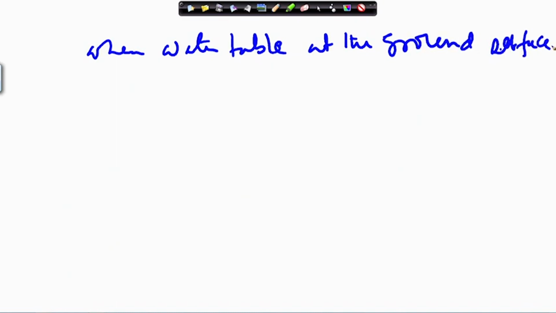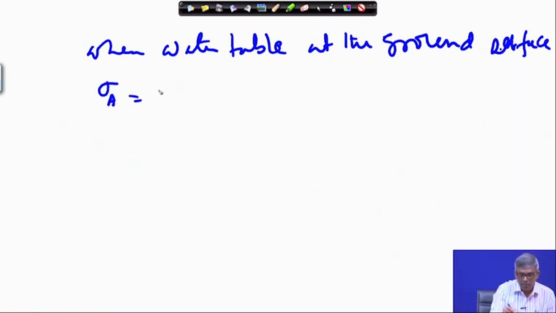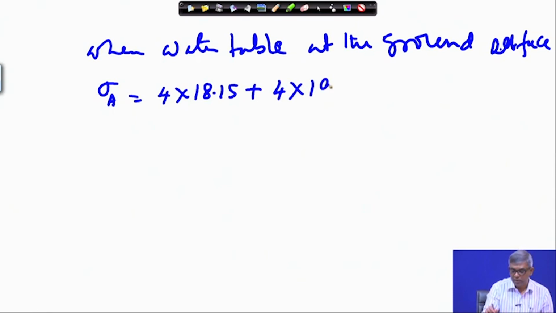So, you have sigma A will be equal to 4 into 18.15, because the entire 4 meters of sand will be saturated, plus 4 into 19.62.